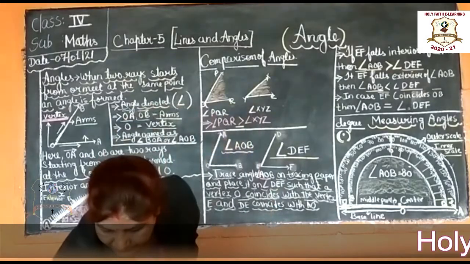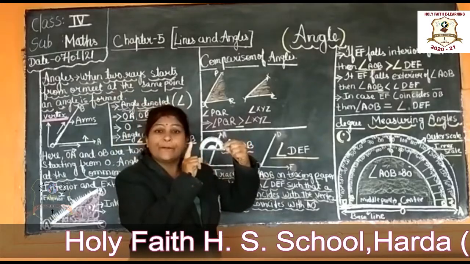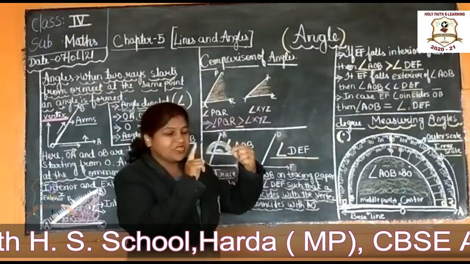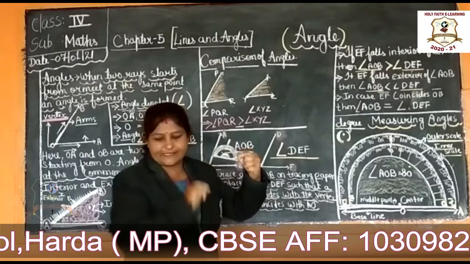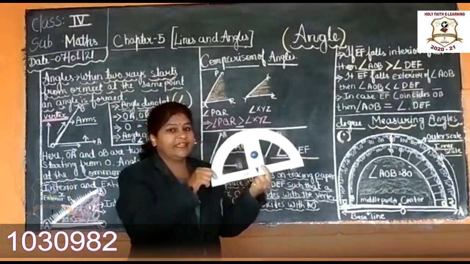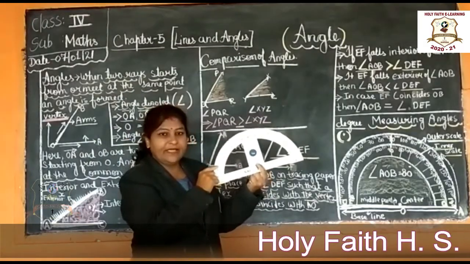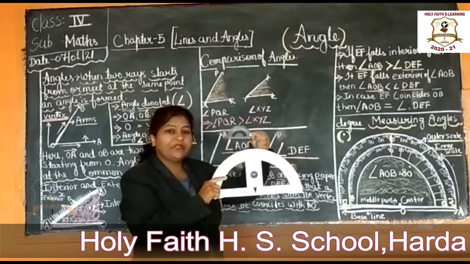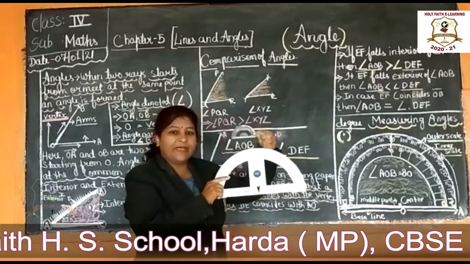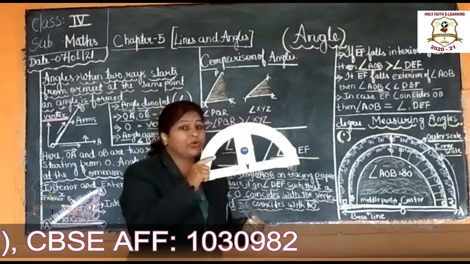In your geometry box you can see this is the protractor. We have one more, for you to see clearly.